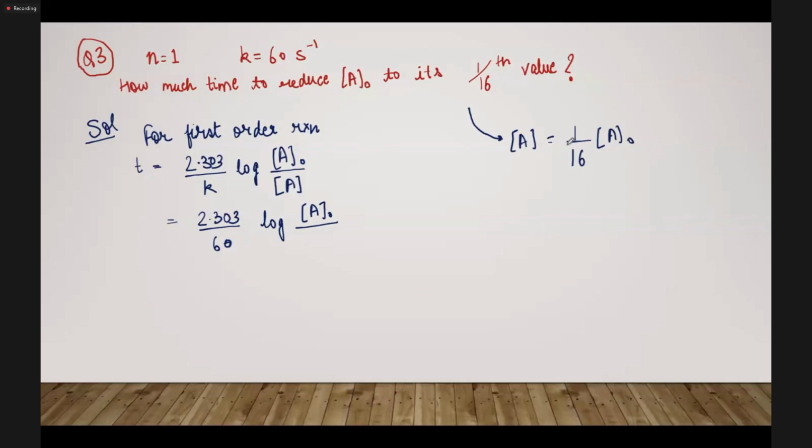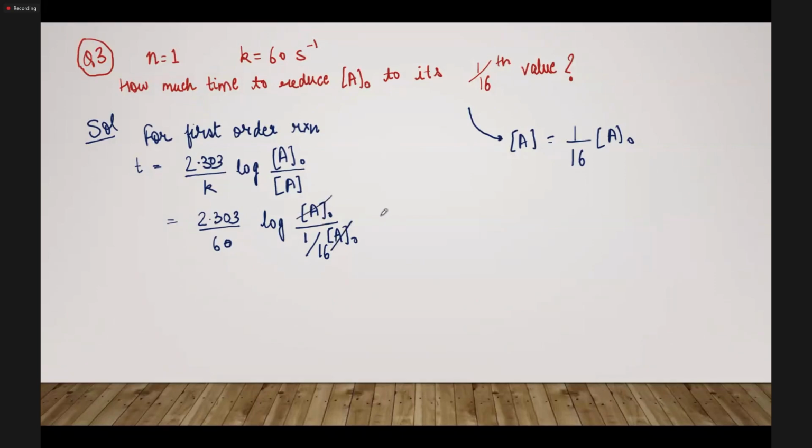The final concentration of A is 1/16th of the initial concentration. So आप यहाँ पे simply 1/16th डाल दो, 1/16th of initial concentration A naught. Okay, so this 16 is in the denominator, so it will go above. It will become the numerator, and this A naught will cancel out.